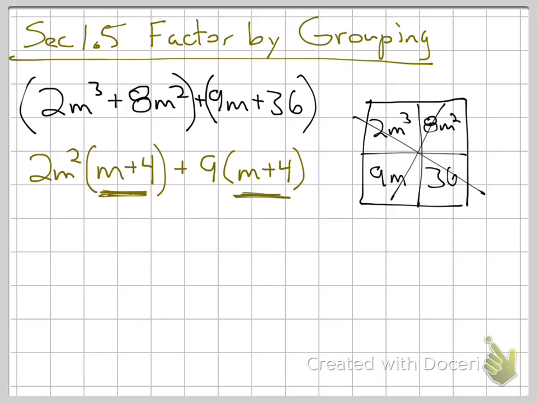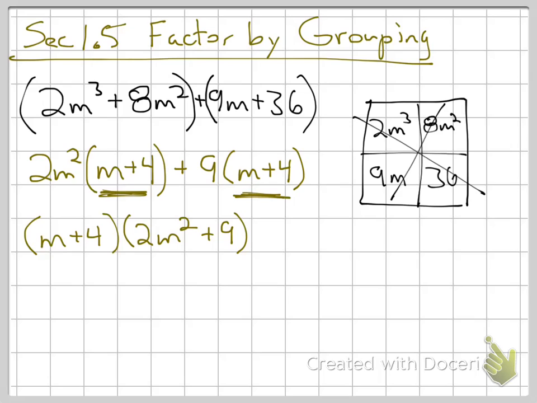Factor it out. It comes out. If it came out of this term, I'm left with a 2m squared. If it came out of this term, I'm left with a 9. And what we suddenly stumble across is m plus 4 times 2m squared plus 9, which is the factored form of what we started with.